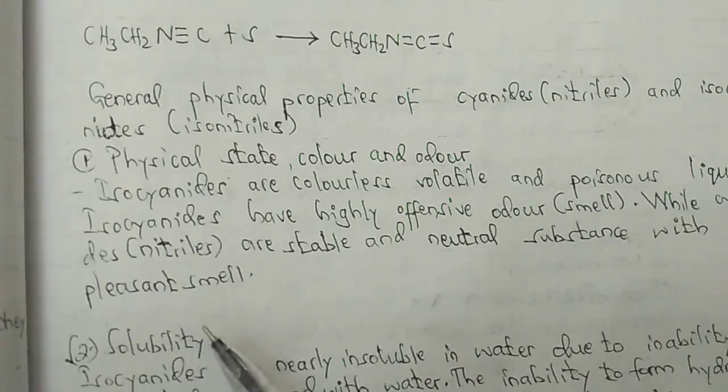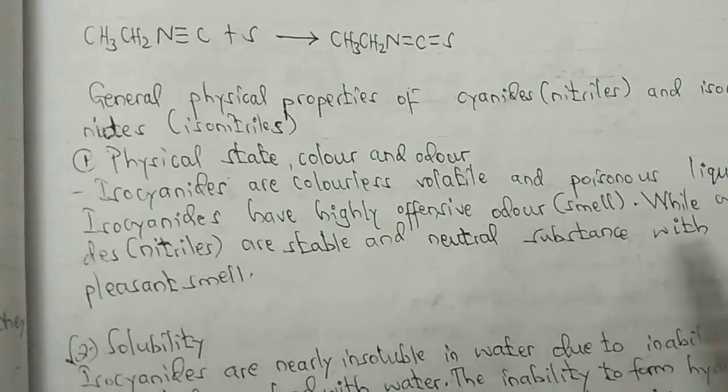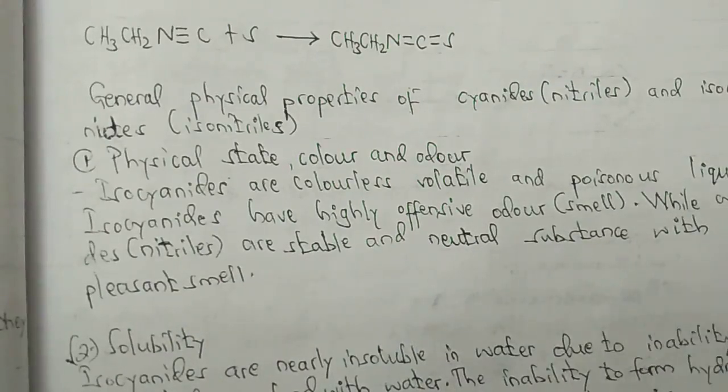Isocyanides have highly offensive odor or smell, while cyanide or nitrile are stable and neutral substances with a pleasant smell. Unaona, offensive odor ni ile harufu ya kufukuza, yani inanuka, isocyanide. Lakini cyanide they have pleasant smell, yani inanukia tu vizuri.